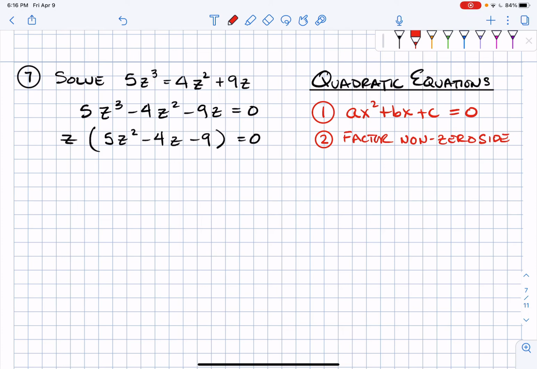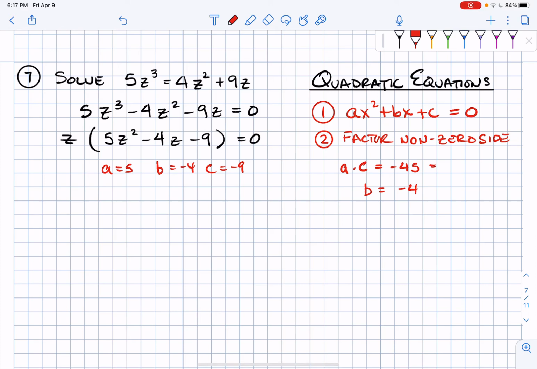When I look at the AC method, I'm only looking at this right here. This tells me my A is equal to 5, B is equal to negative 4, and C is equal to negative 9. So A times C is going to equal negative 45, and my B is equal to negative 4.